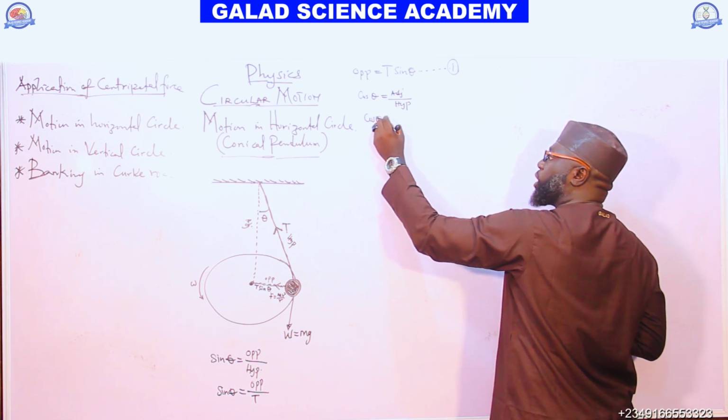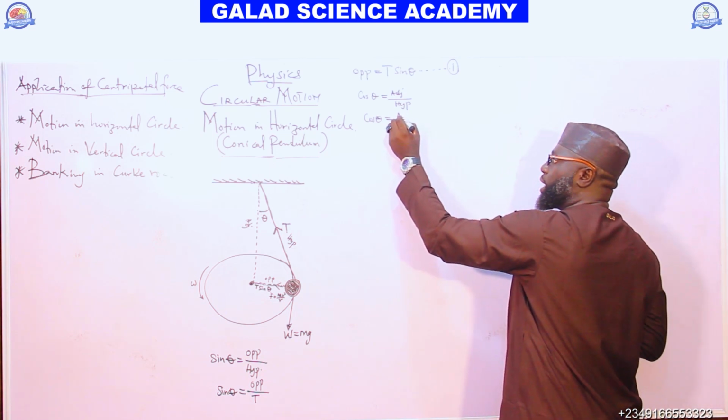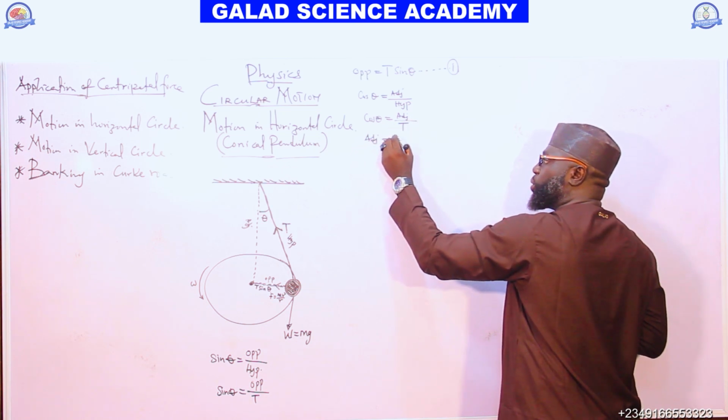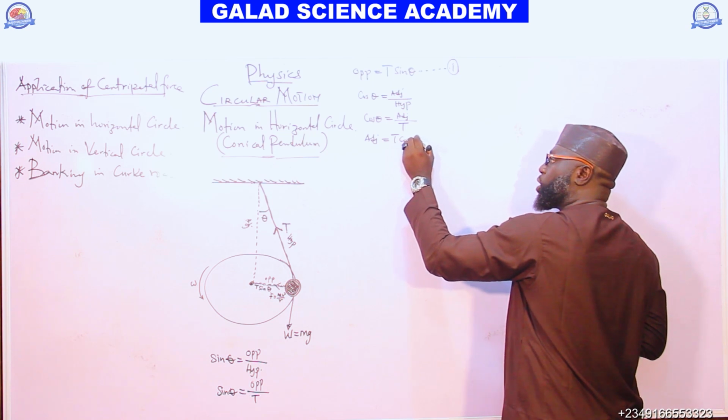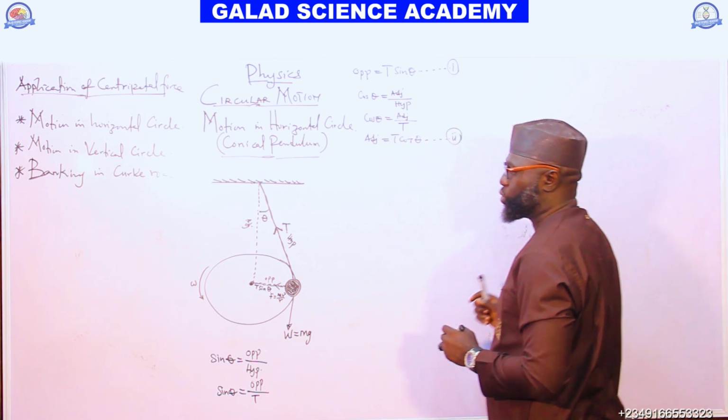The hypotenuse is T, so the adjacent is equal to T cos theta. Equation 2.